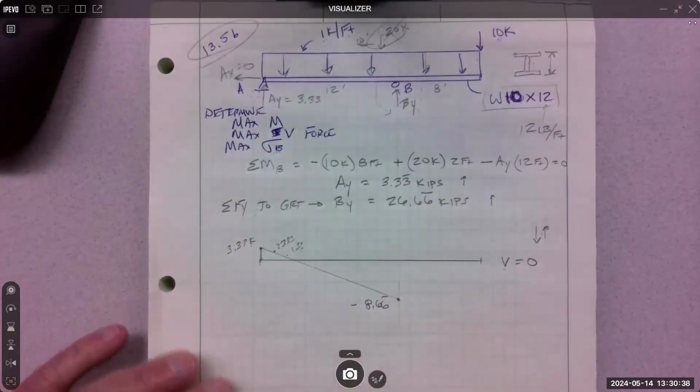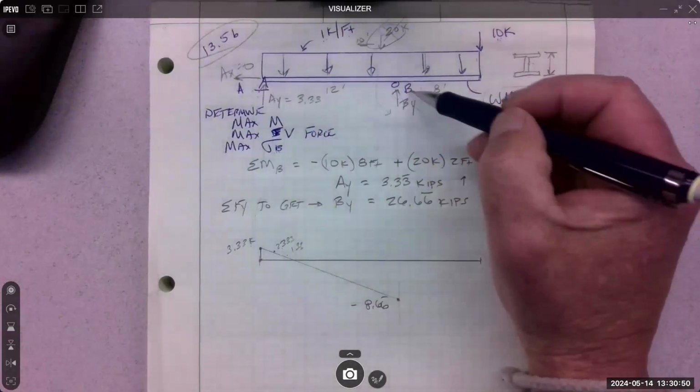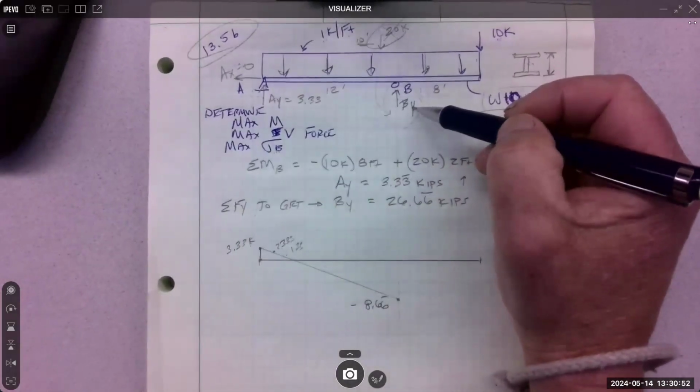And it's negative. It went negative. Right? Everyone see where I got that? It's just because it's 12 feet. And I stopped it because By is going to impact this situation.